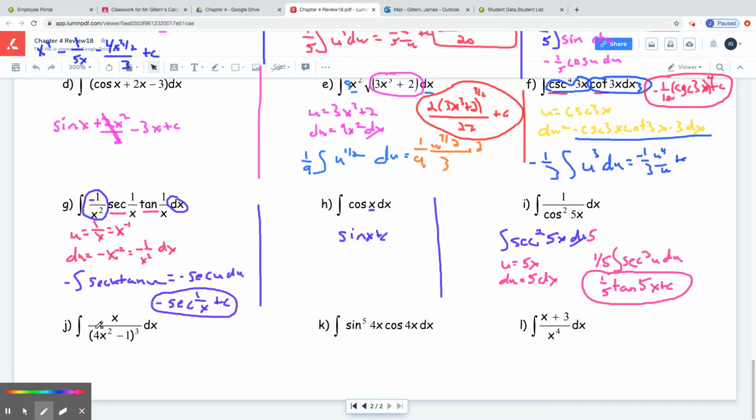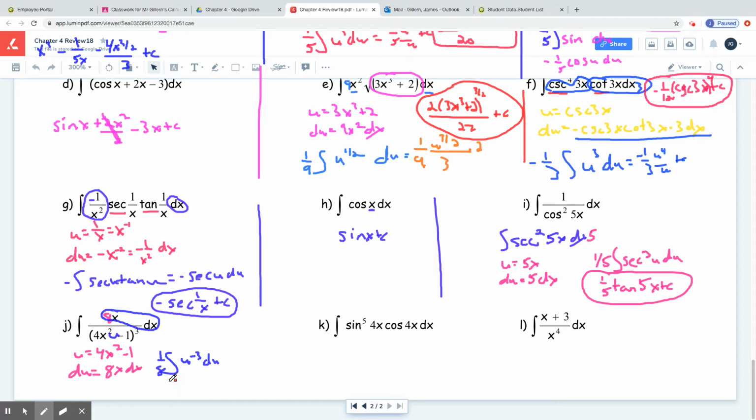All right, so for J, we are going to make u 4x squared minus 1. Our du is going to be 8x dx. So I need to add an 8 up there, which means I need to put a 1/8 integral. All right, so all of this is du, right? So that'd be du over u cubed, which is really u to negative third.